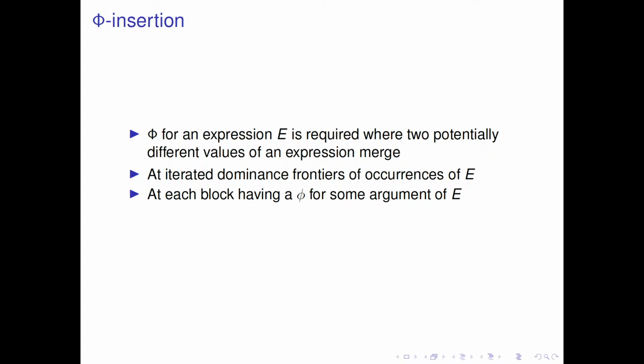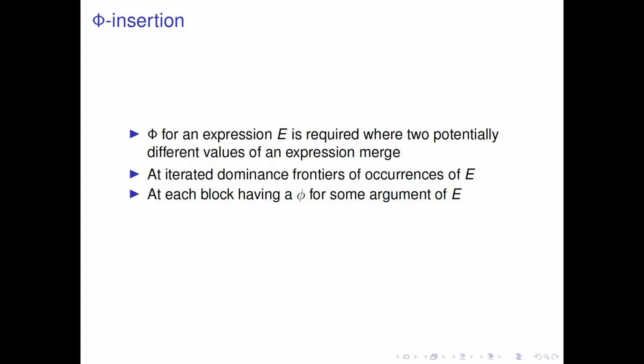This may not be the iterated dominance frontier of E. It might be the iterated dominance frontier of small a or small b. Okay? Not clear? No, it's a concept. What I'm saying is, at these points it is phi of this phi.